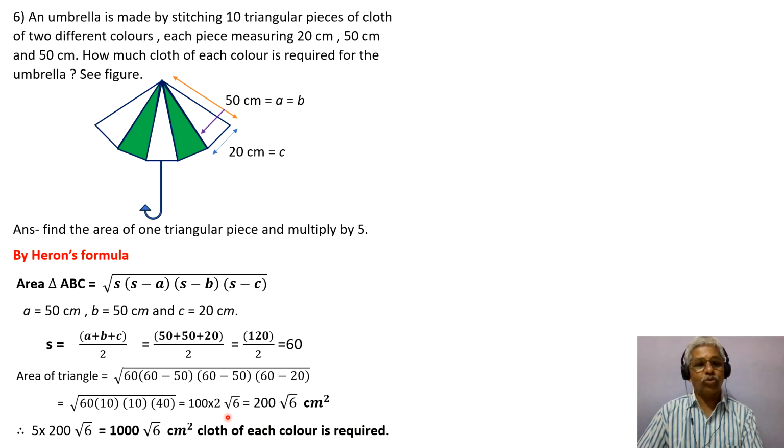Okay, so 100 into 2 root 6, that is 200 root 6 centimeters square, the area of one triangular piece. Okay, we have 5 of each color, so therefore 5 into 200 root 6 equals 1000 root 6 centimeters square cloth of each color is required.